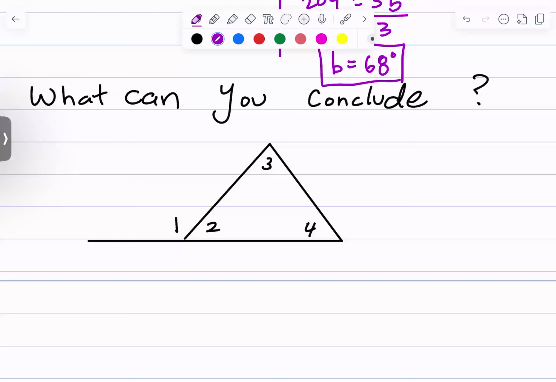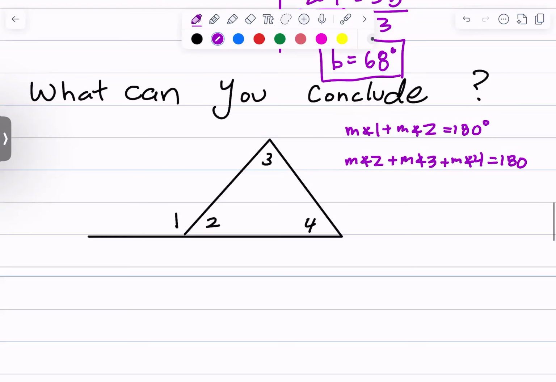So we talked about this and we concluded that measure of angle 1 plus measure of angle 2 equals 180, right? Because they're linear pairs. I know that measure of angle 2 plus measure of angle 3 plus measure of angle 4 equals 180 because they're all interior angles of a triangle, right?